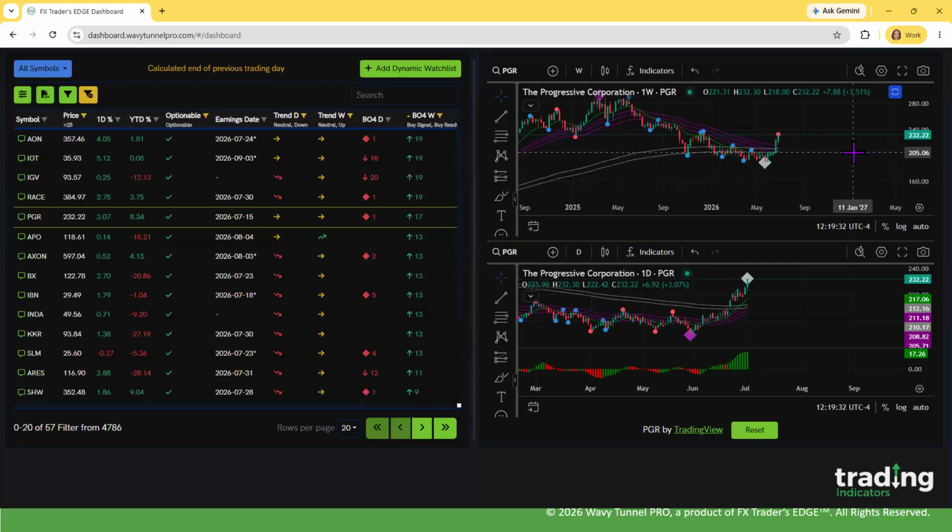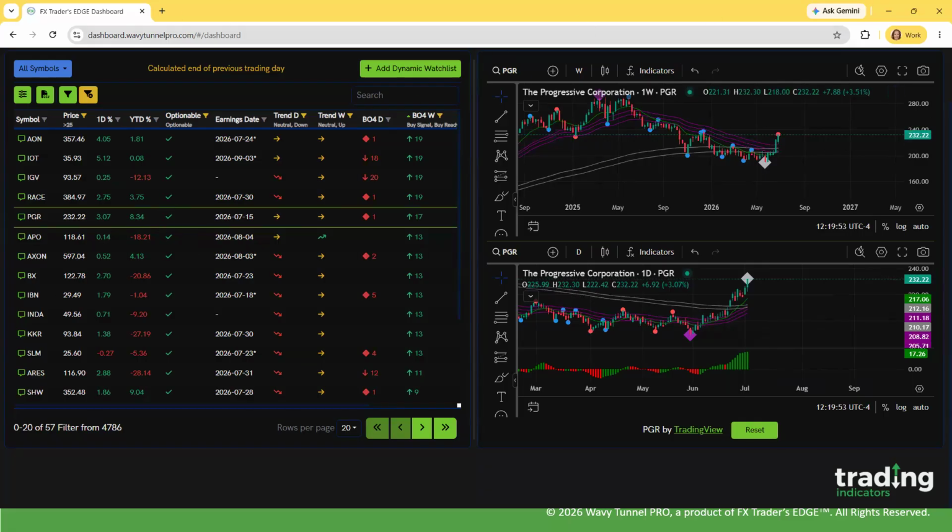But this looks very nice. It looks like on the weekly, on the daily, the wave is going to be crossing up above the tunnel. This doesn't look bad. This looks pretty nice.